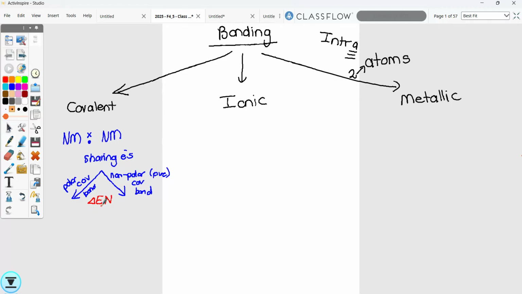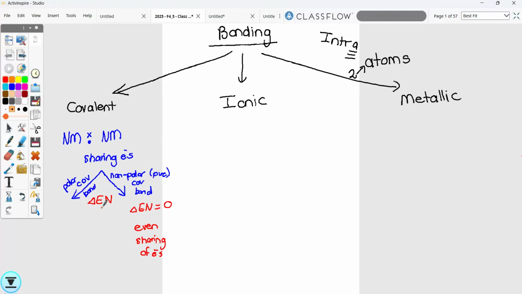So the difference in electronegativity. If the difference in electronegativity is 0, which one is it? So here the difference in electronegativity is 0. That means there's an even sharing of electrons, please use the right words, not distribution, even sharing of electrons.